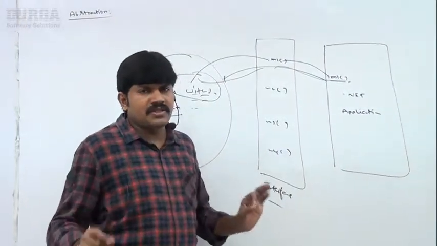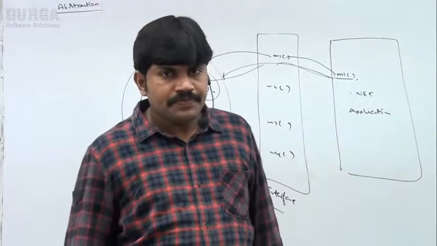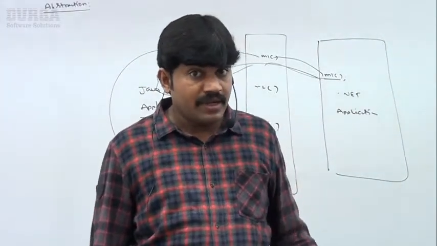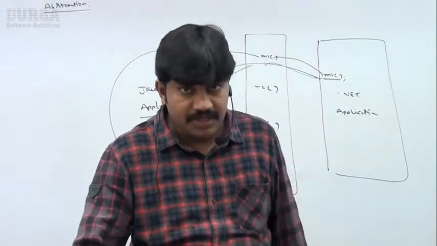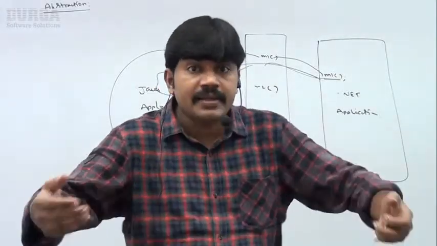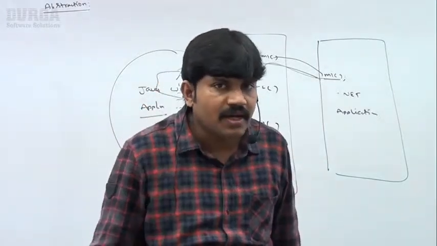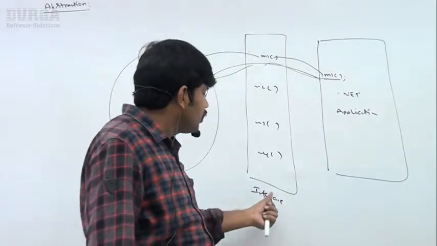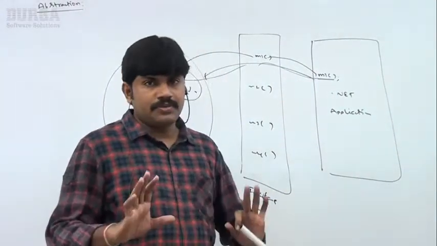If the interviewer asks what is abstraction, what answer can you tell? Hiding the internal implementation and just highlighting the set of services that we are offering is the concept of abstraction. Clear? By using GUI screens and the interface concept, we can implement abstraction.